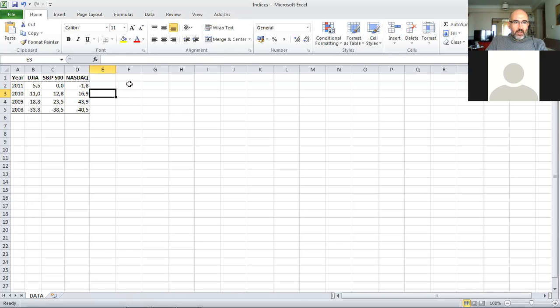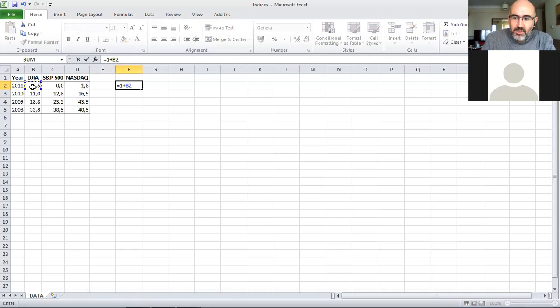So let me start here and write the formula. This is 1 plus. Since this is 5.5%, I'm going to convert it to decimal format, because if I use it directly as 5.5, I will have mistaken results.